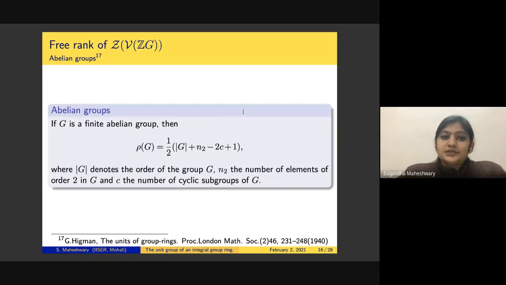All right, so in the case of abelian groups, we have a complete answer for the rank. If you have an abelian group, then its rank is given by this formula that you see on the screen. It depends on the size of the group G, N2 denotes the number of elements of order 2, and small c denotes the number of cyclic subgroups of G. This again is in the work of Higman in 1940.